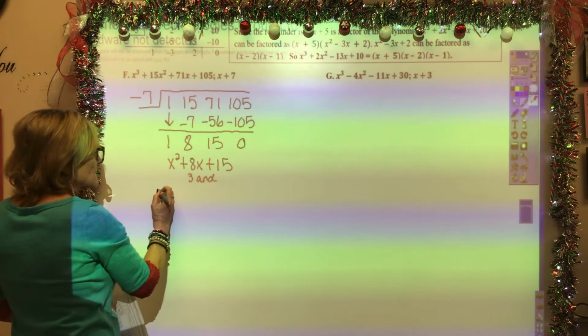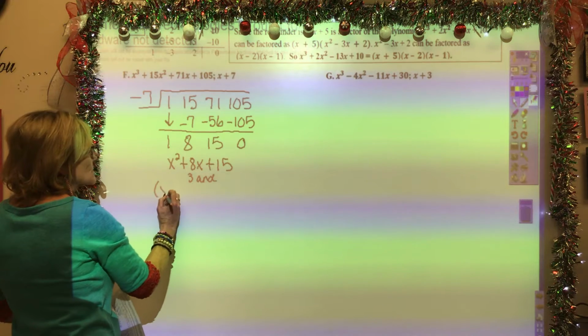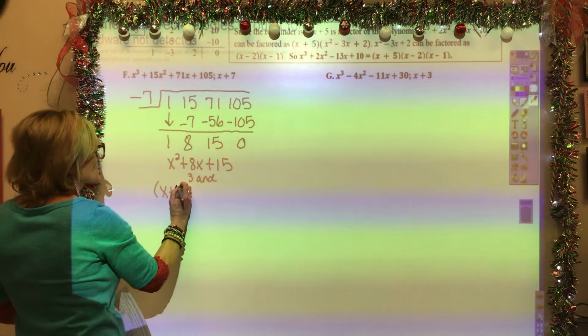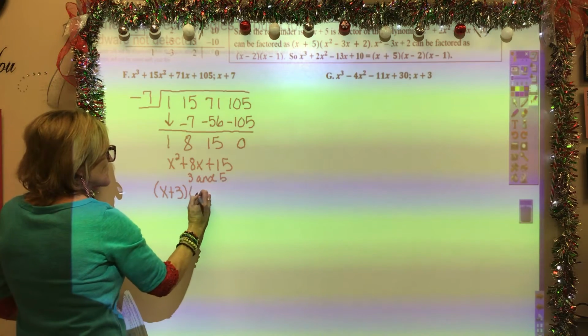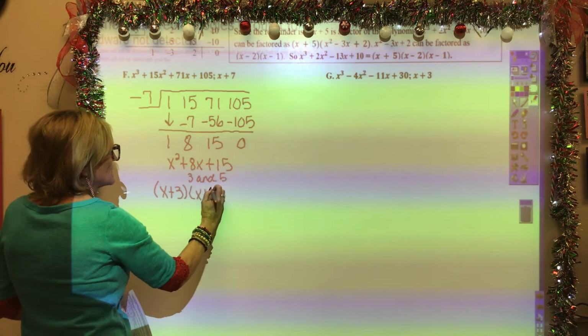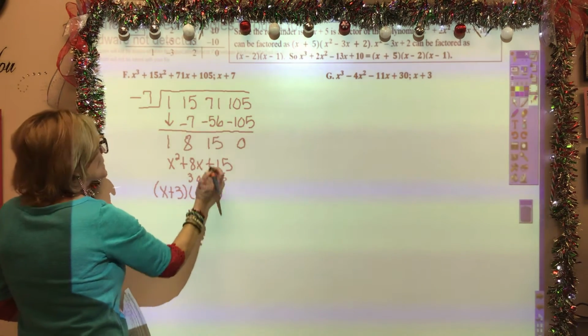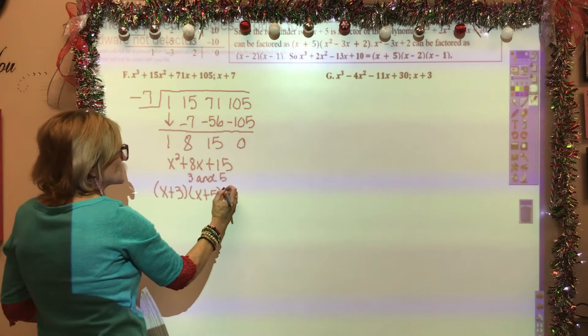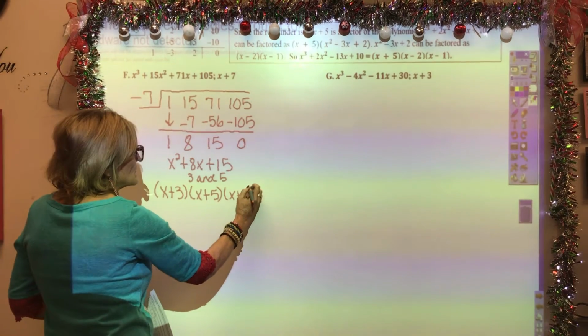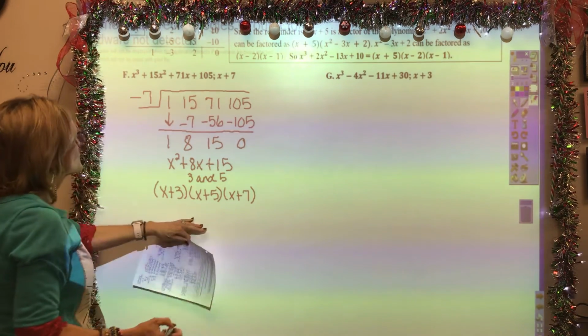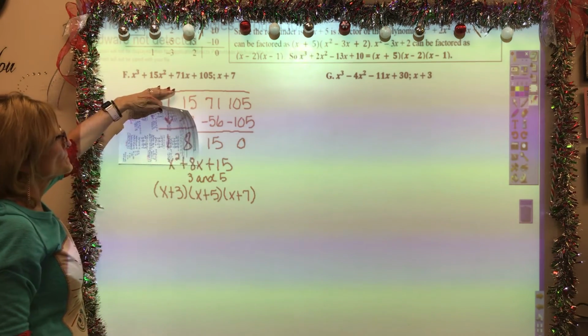They'll both be positive, so we'll have the factors x plus 3, x plus 5, and our initial factor, x plus 7. That's the factored form of this polynomial.